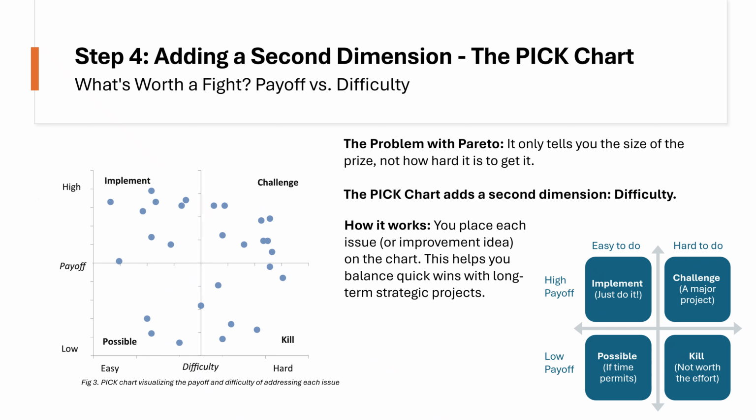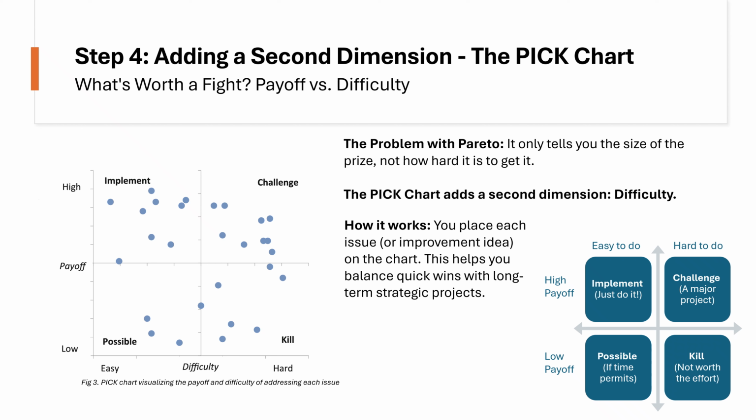While Pareto tells us the size of the prize, it doesn't tell us how hard it is to achieve that. That's where the PICK chart comes in. The PICK chart adds the second dimension, difficulty versus payoff. This helps us balance quick wins with major strategic projects. In the top right, challenge items are high payoff but hard to do.